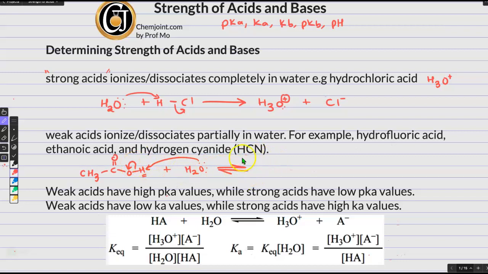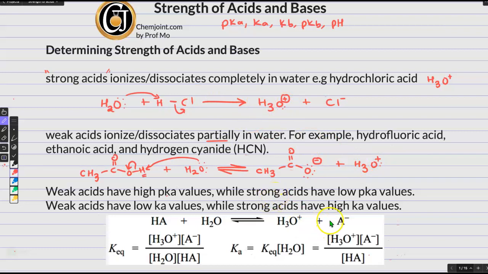This is not sure to happen because the acetic acid is a weak proton donor. However, the small part of it that does it gives you a conjugate base, that's the acetate, and again you get hydronium. Weak acids will ionize partially to give you hydronium. Strong acids will ionize completely to give you lots of hydronium.